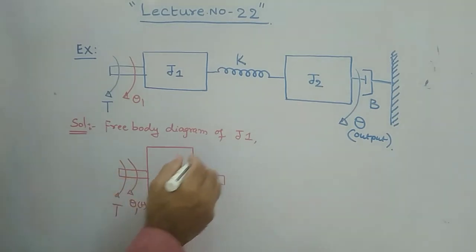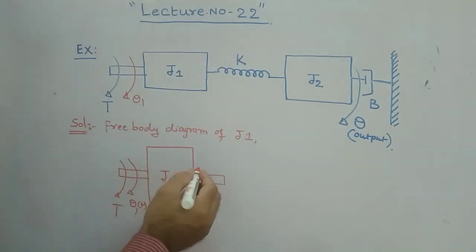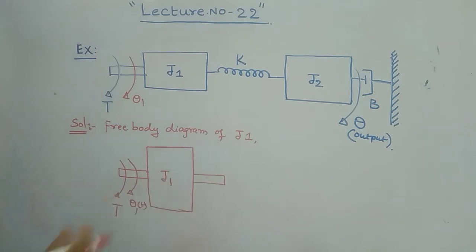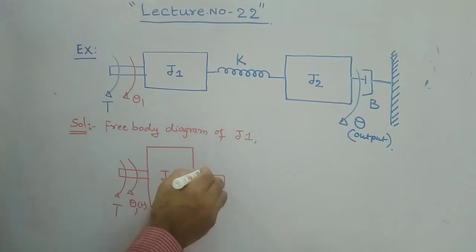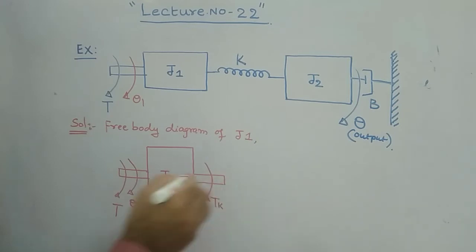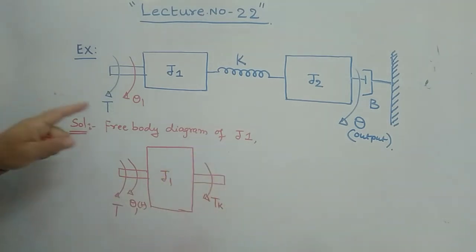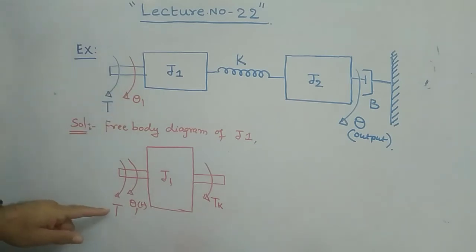What else is there? K is there basically. That you can show, no problem. Either this one or the torque, therefore you can show T suffix K, or T suffix J1 also you can write.